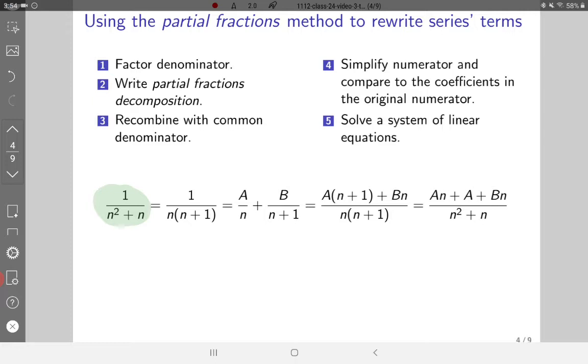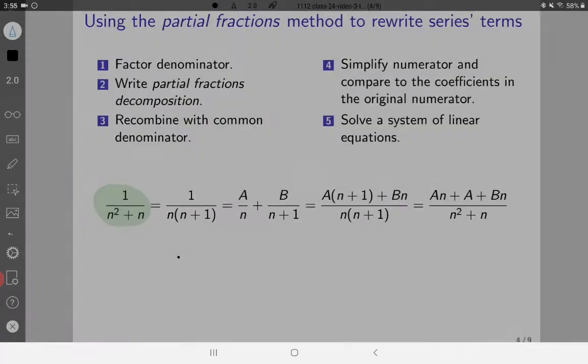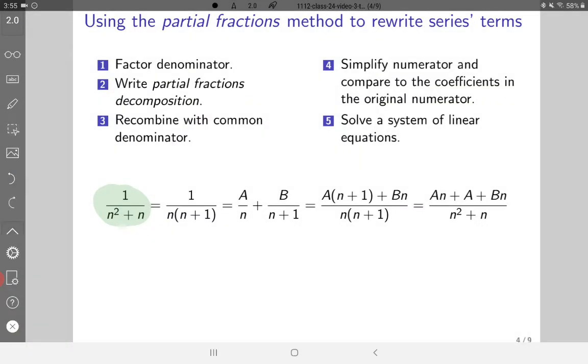So here's what we're going to do. Factor the denominator first. That's what's happened right here when I turn n squared plus n into n times n plus 1. That's me factoring the denominator. And then the partial fractions decomposition, this is something you might want to look back at our notes from that integration techniques unit, but that's this step here.